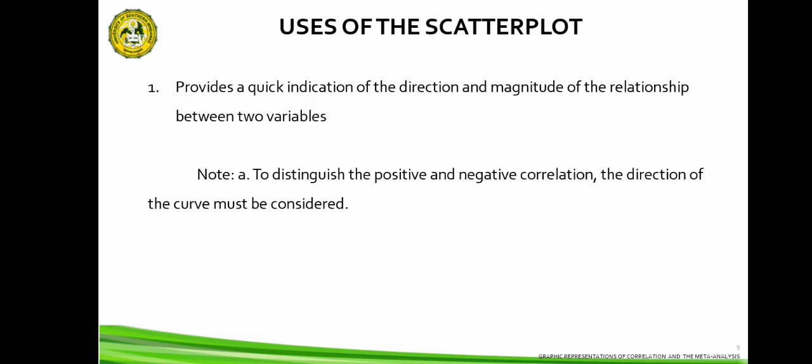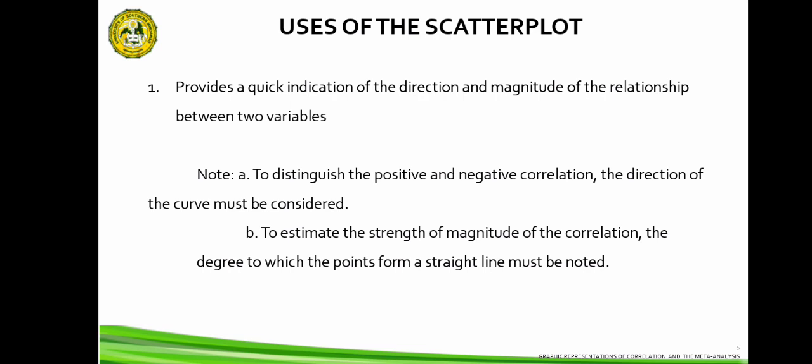So if a certain data point has a pattern trending upward from left to right, it has a positive correlation. While on the other hand, if the graph has a pattern trending downward, it has a negative correlation.